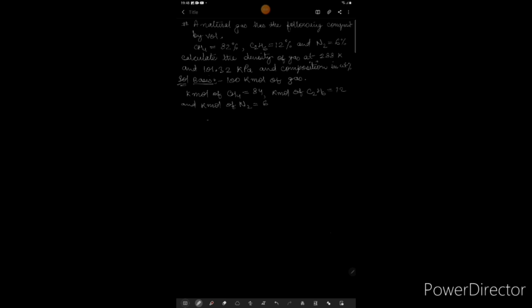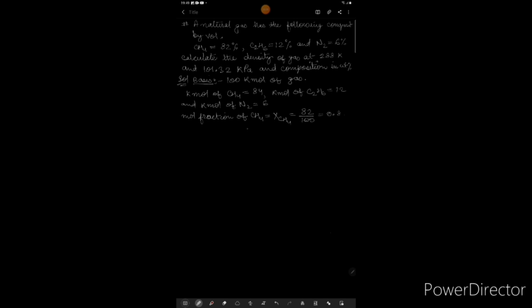Now mole fraction of CH4 is, total mole is 100, so 82 by 100 equal to 0.82.